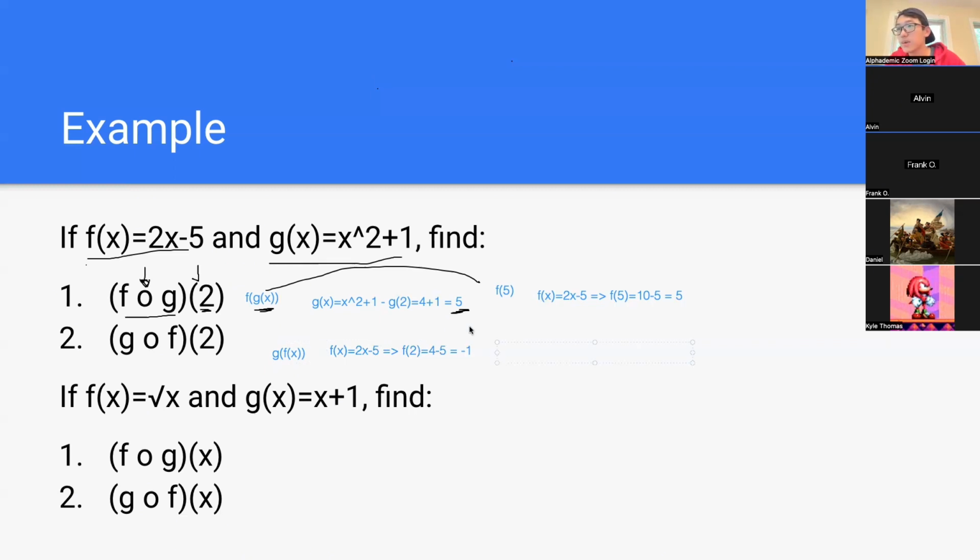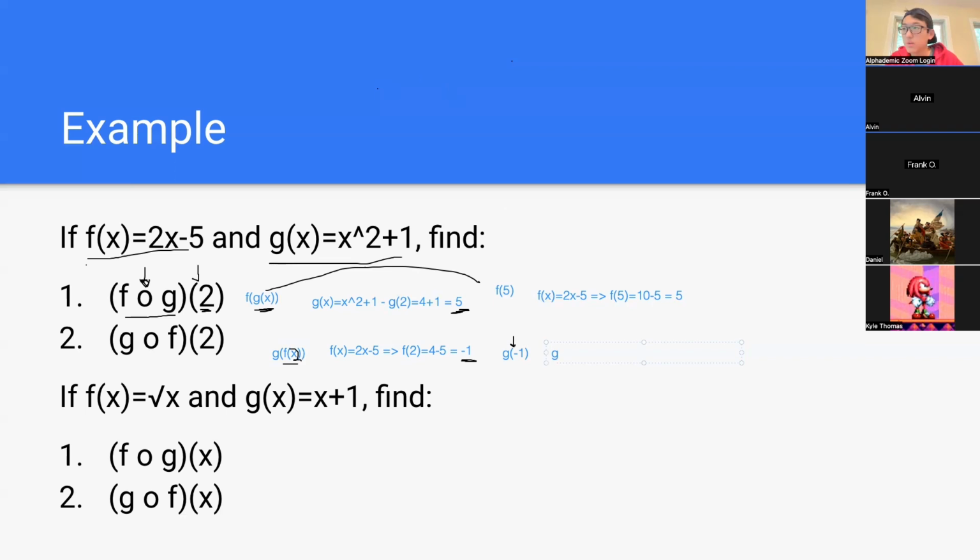Then what do we get? We get g of -1, because it's just a matter of substituting f of 2, since in this case it would be g of f of 2. We already found out that f of 2 equals -1, so we plug it in to this position right here.